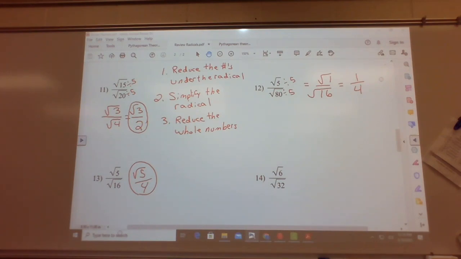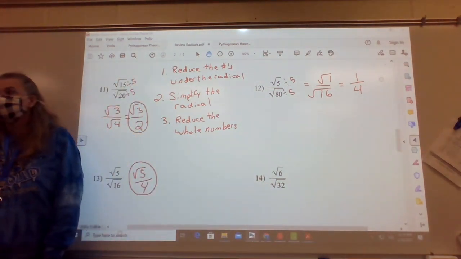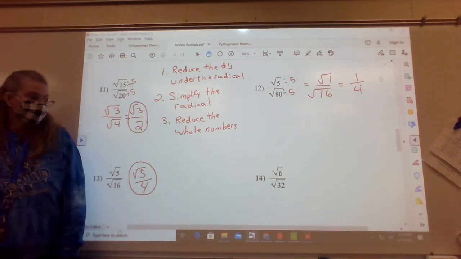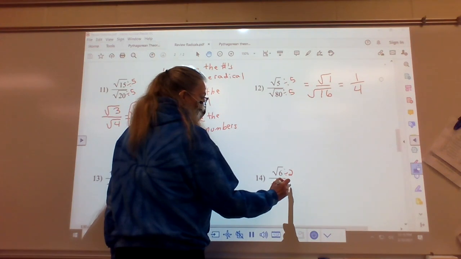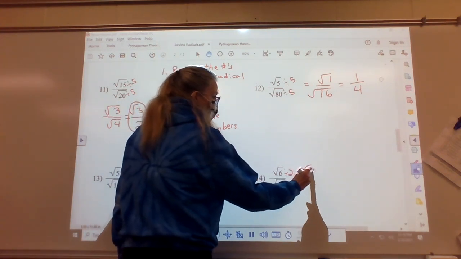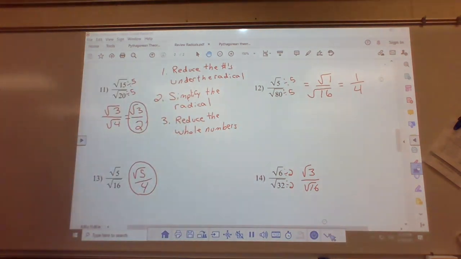I have a 6 and I have a 32. What can go into both of those? 2. So we're going to divide both by 2. So reduce the radical. I get 3 and I get 16. Step 2 is to simplify the radical.